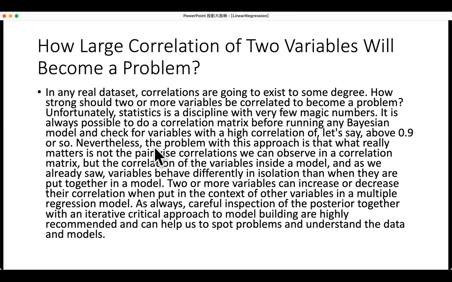The problem with this approach is that what really matters is not the pairwise correlations we can observe in the correlation matrix, but the correlation of the variables inside a model. And as we already saw, variables behave differently in isolation than when they are put together in a model.